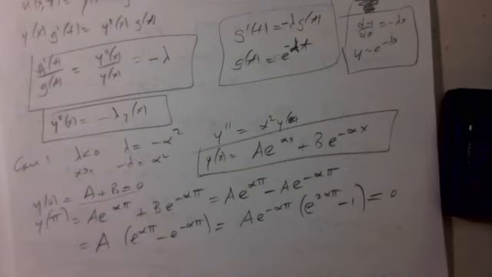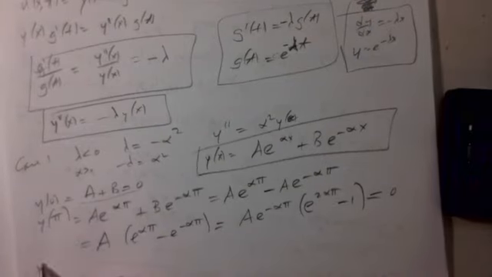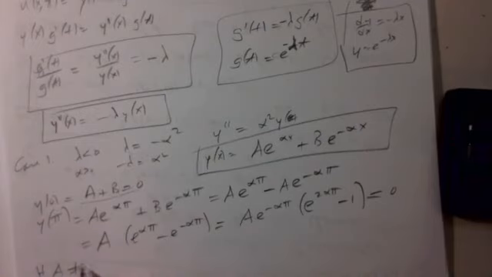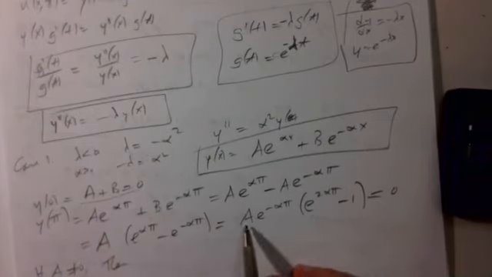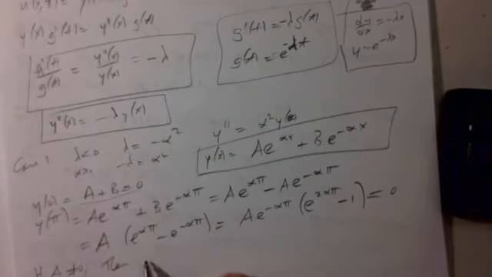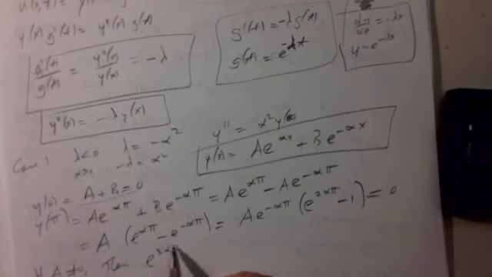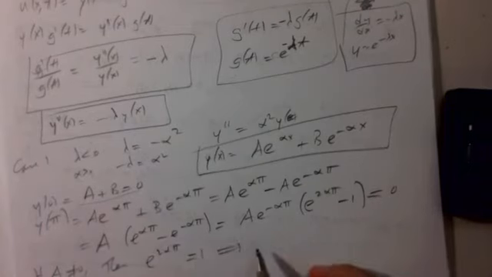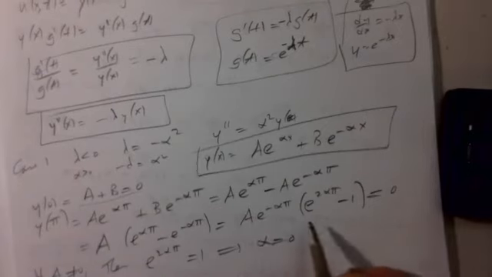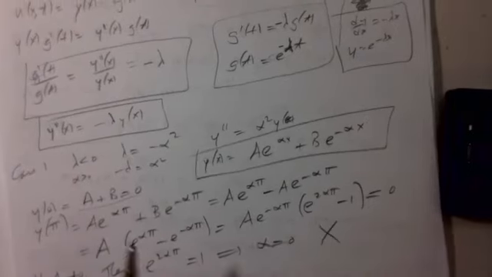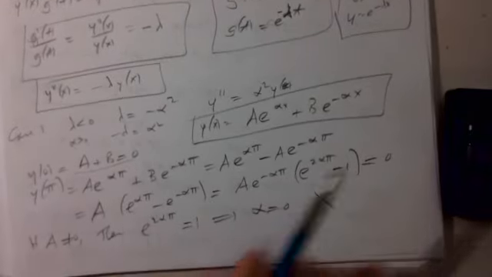y of pi is 0. So if a is different from 0, then this is 0. So e to the 2 alpha pi is equal to 1, which can only happen if alpha is equal to 0, which isn't correct. Alpha is positive.